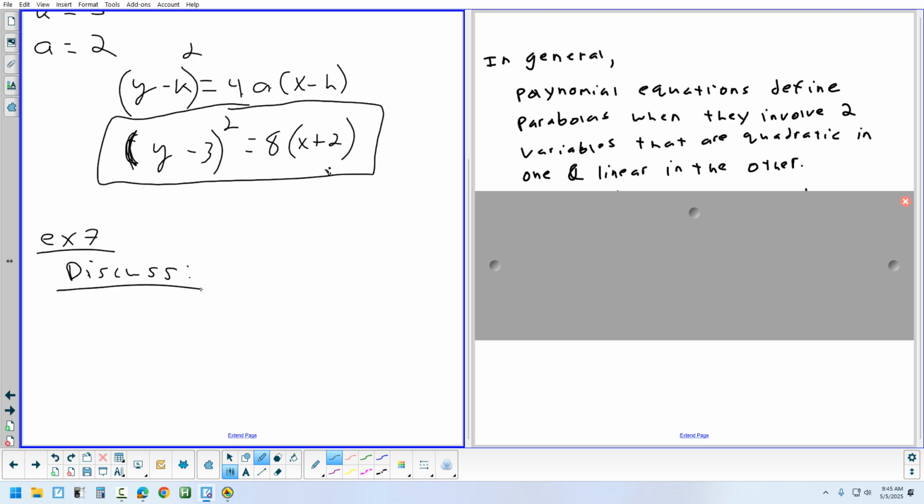So discuss. That means I want you to tell me 4 things: vertex, focus, which way it opens, and the equation of the directrix. Let's do x plus 3 squared equals, and I'll generally try to make this number a multiple of 4, because if I don't, it just makes the distances decimals.